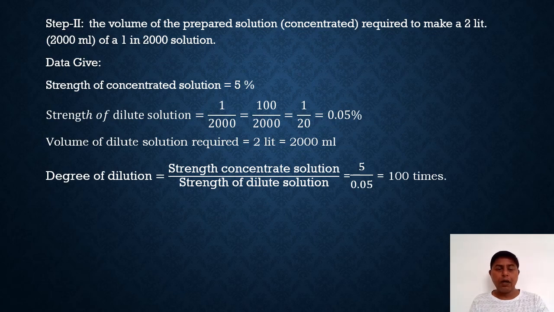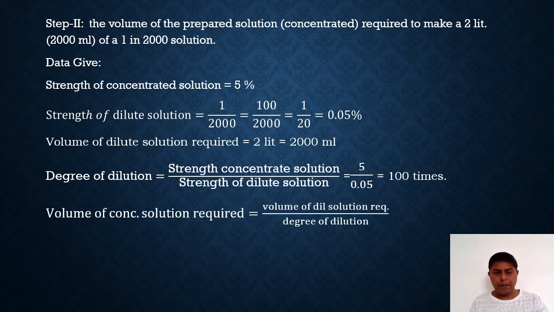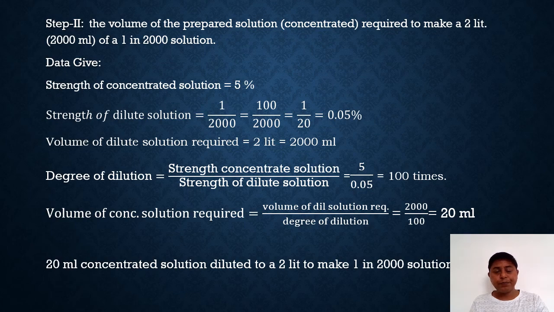The formula of degree of dilution is strength of concentrated solution upon strength of dilute solution, that is 5 divided by 0.05, which gives 100 times dilution. Second formula: volume of concentrated solution required is volume of dilute solution required upon degree of dilution, that is 2000 ml divided by 100, which gives 20 ml. It means that 20 ml of concentrated solution is diluted to 2 liters to make 1 in 2000 solution.